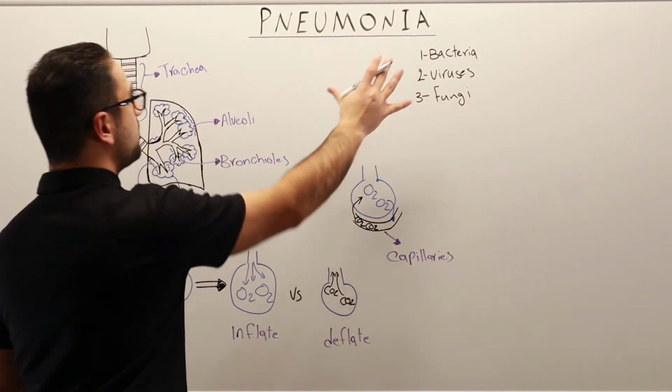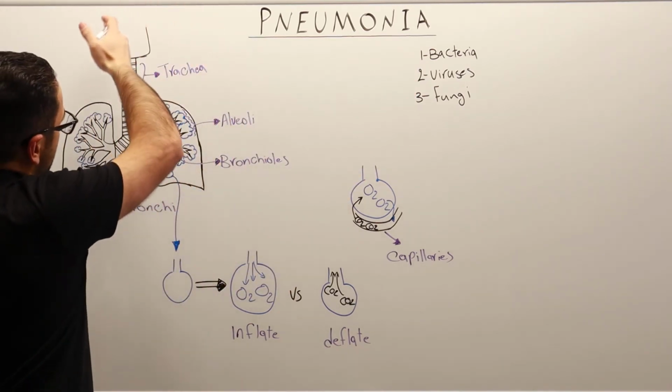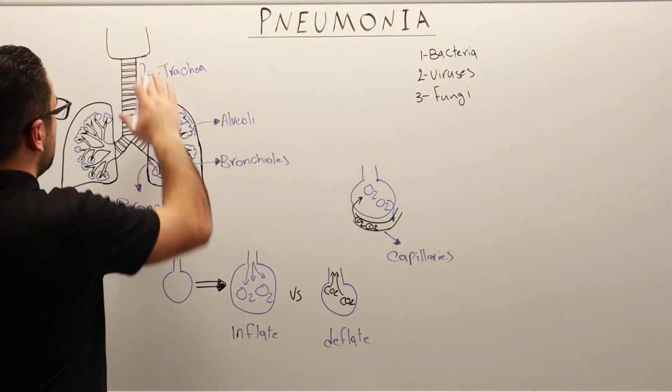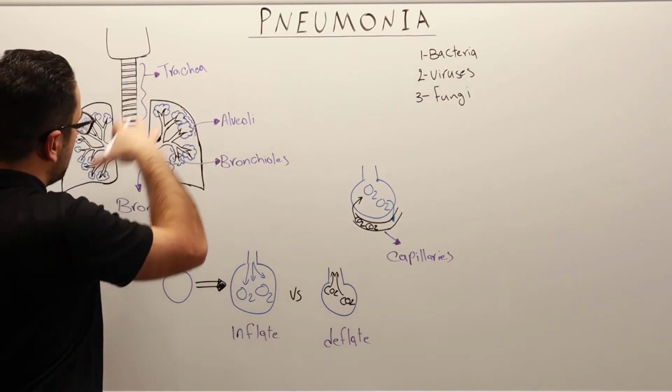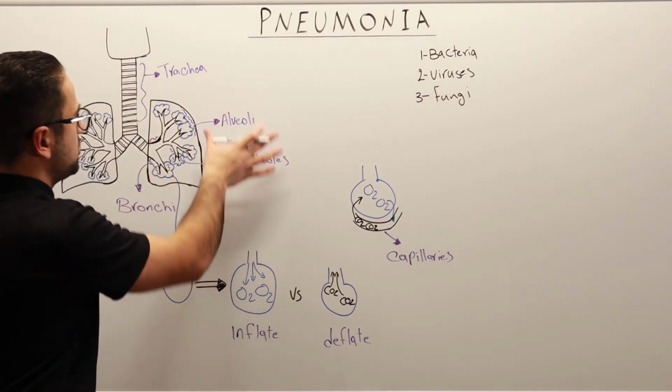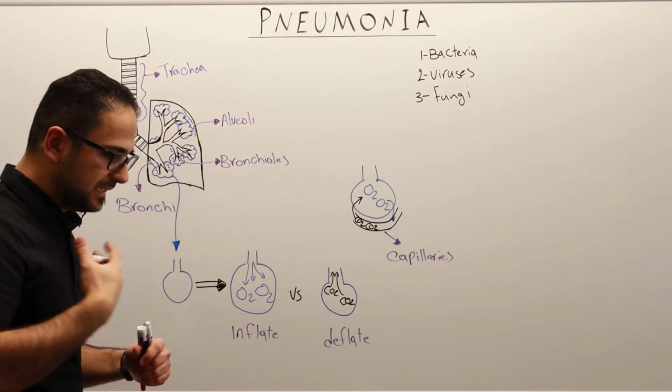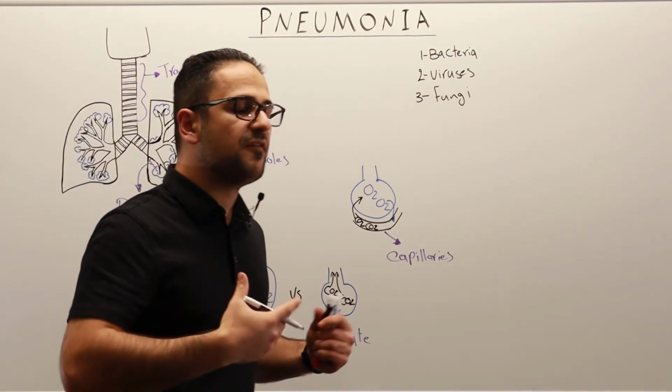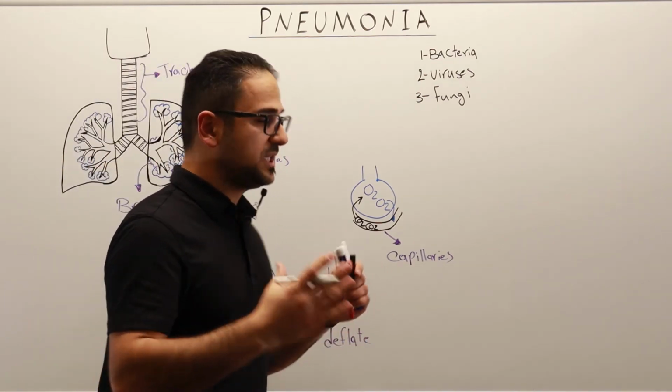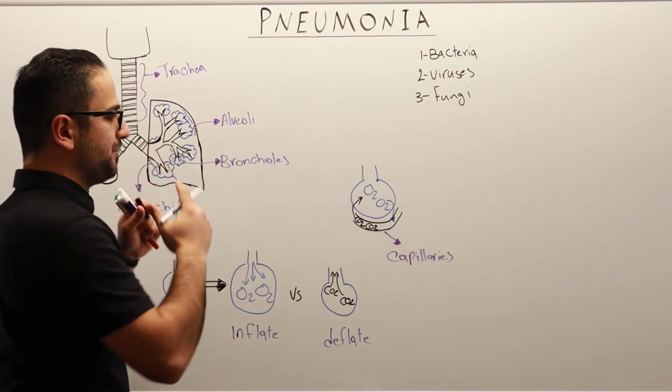So when these germs come through the inhalation system, they pass through the trachea, bronchi, bronchioles, all the way to the alveoli, leading to the inflammation of these alveoli, which leads to the inflammation of the lung.